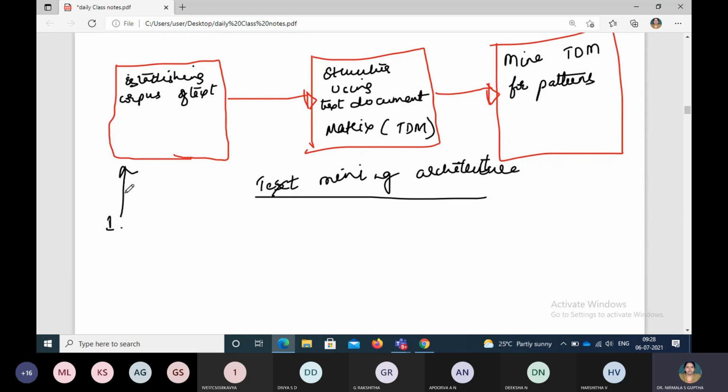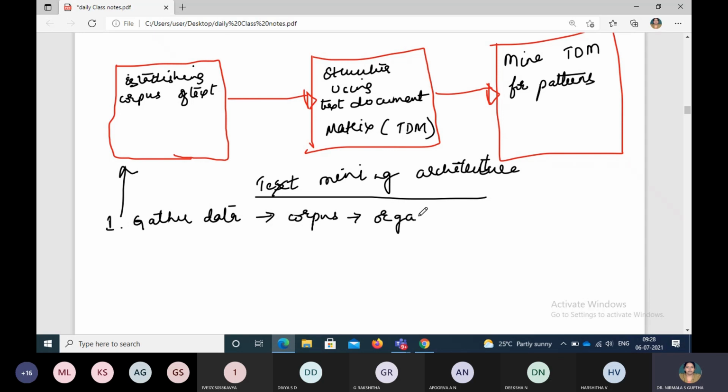This is our first step: we try to get the data. When we gather the data, it may not be very clean or ready to use. So whatever data we get, after gathering it, we put it in the corpus. After that we try to organize it.